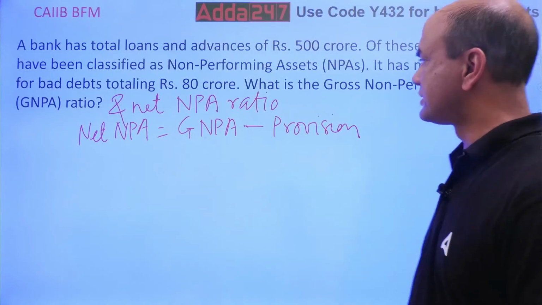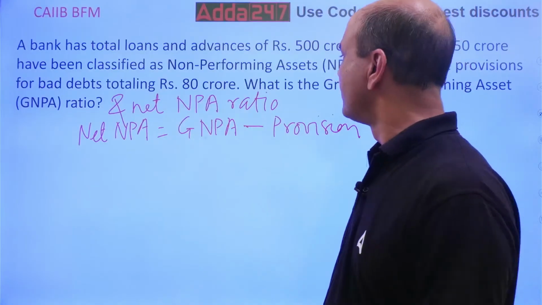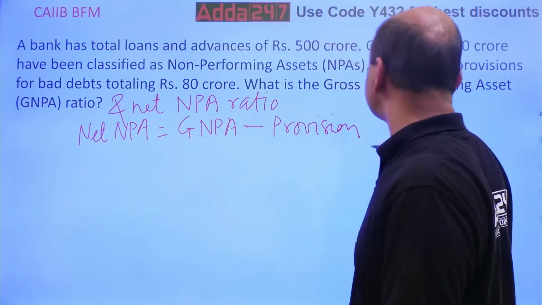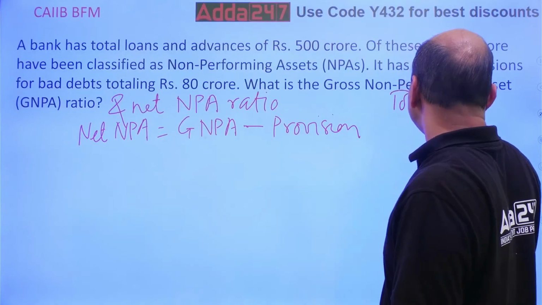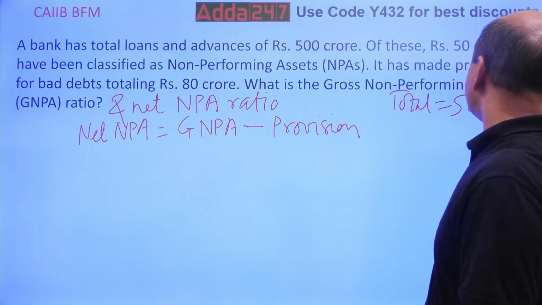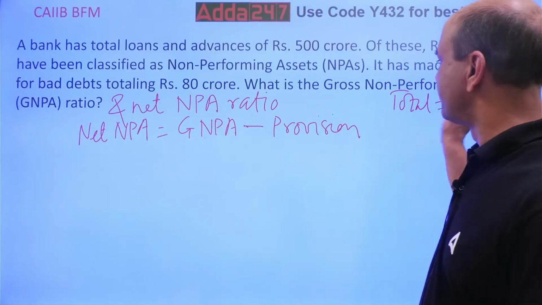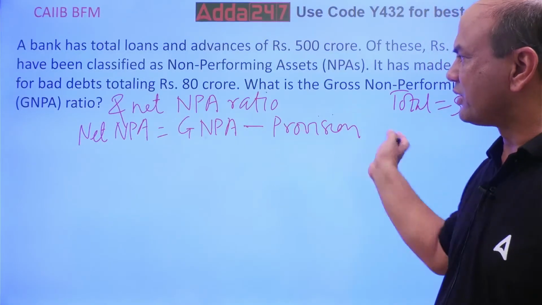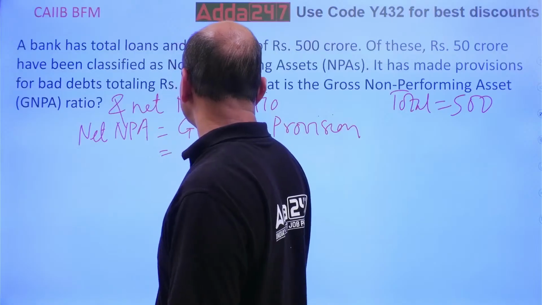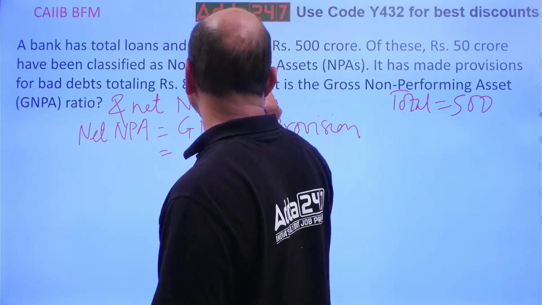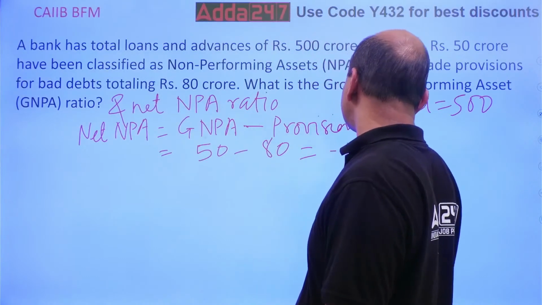Now in this case, let's first get things straight. What are the total advances? 500 crore. Let's forget the crore now. Total is 500. Let's find net NPA. What is gross NPA given? 50. So 50 minus provision. What is the provision? 80. So minus 30.